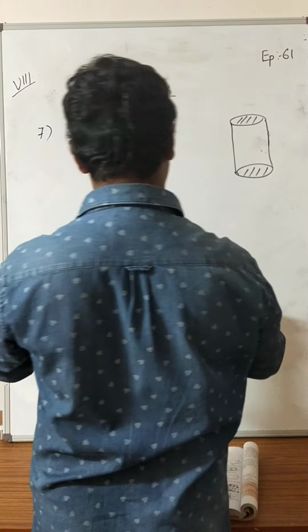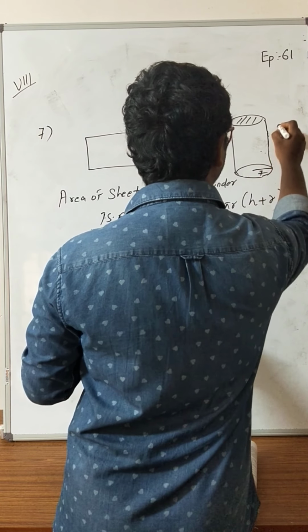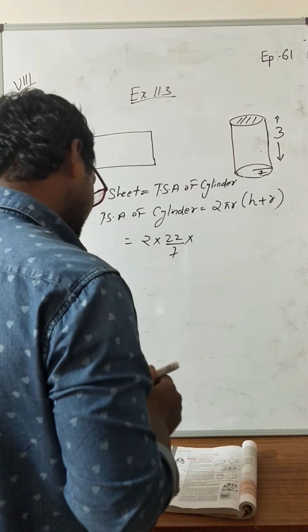So TSA of cylinder, we know the formula. TSA of cylinder is 2 pi r (h plus r). See, 2 into 22 by 7 into radius. In the question it is given the radius is 7, and the height is 3 meter.